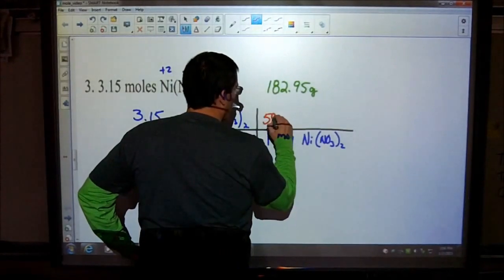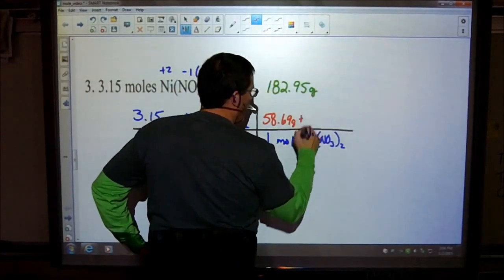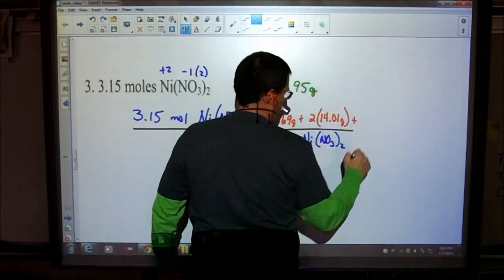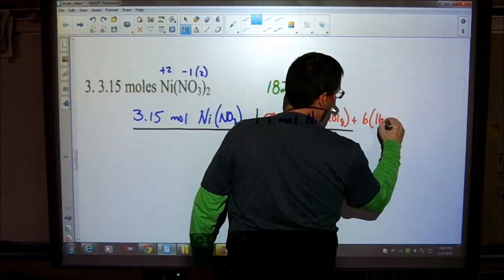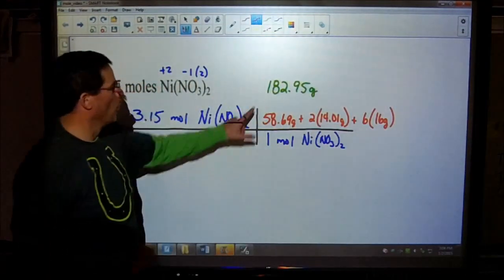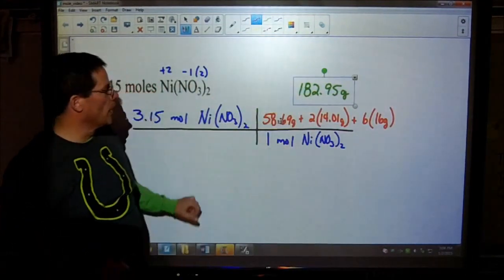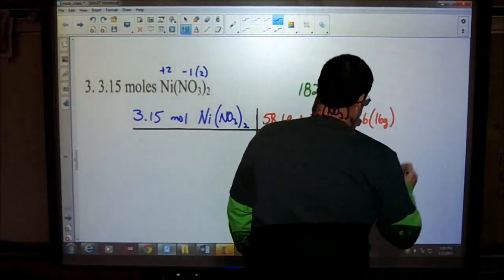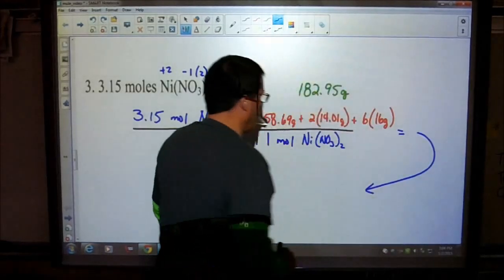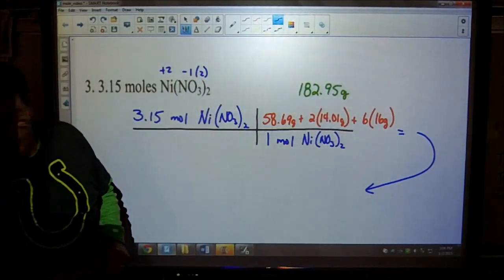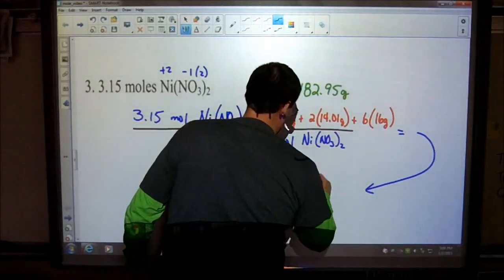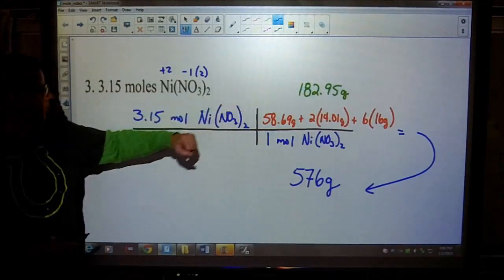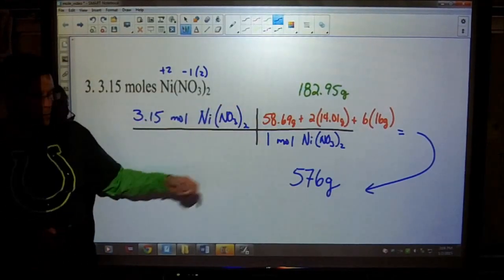So 58.69 grams plus 2 nitrogen plus 6 oxygen. And all that has a mass of 182.95. And when we type all that in, you get an answer of 576 grams. So 182.95 times 3.15 should equal 576.